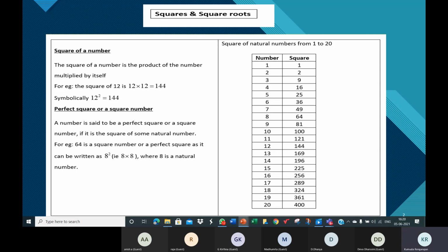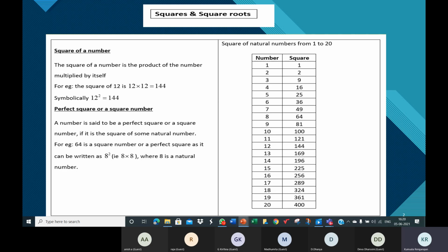All right, children. So we were talking about the square of 0.0001. The square of 0.0001 is 0.0001 into 0.0001. Multiply the given number with itself, and the product will be 0 point.